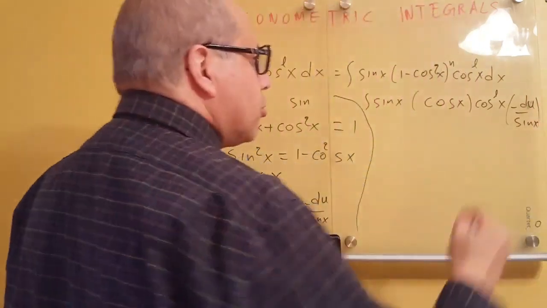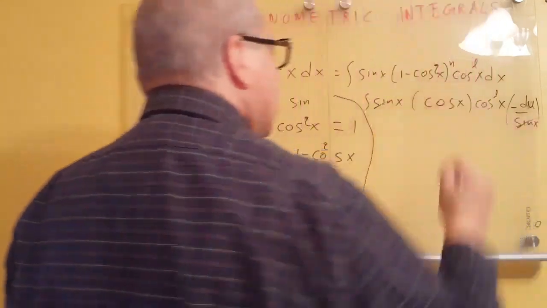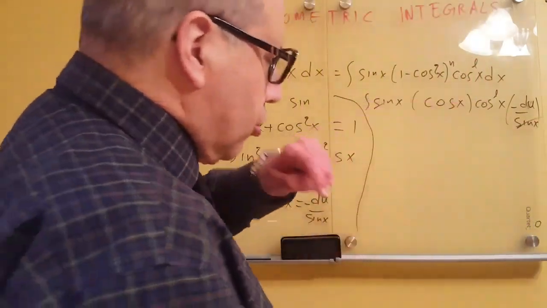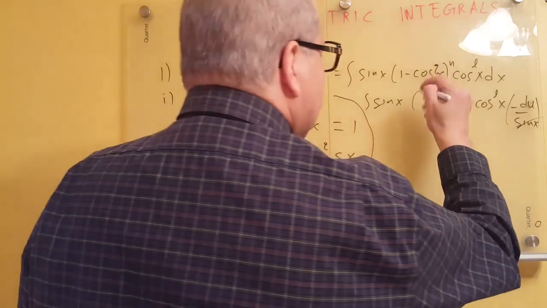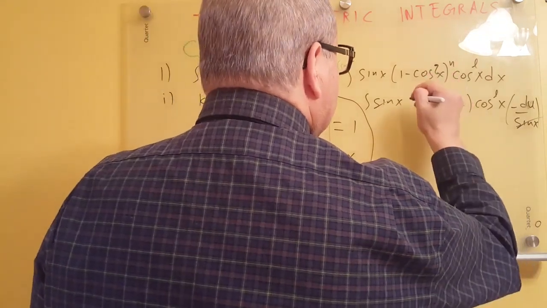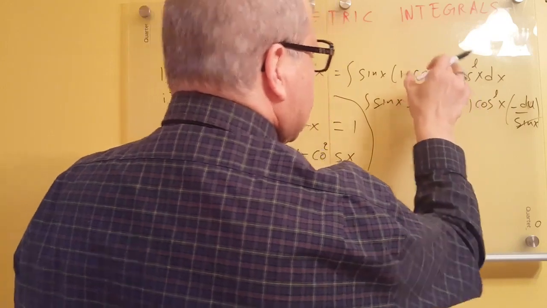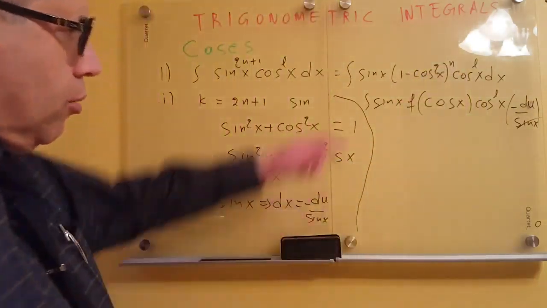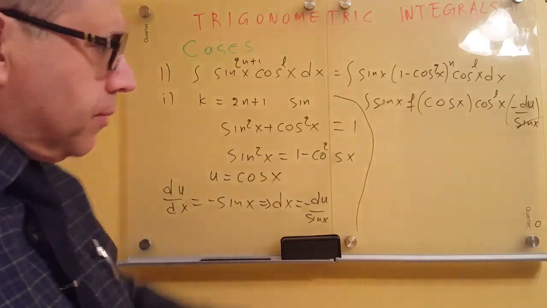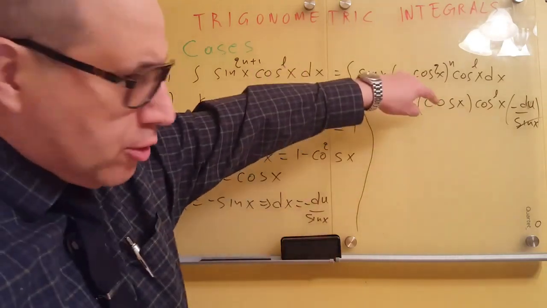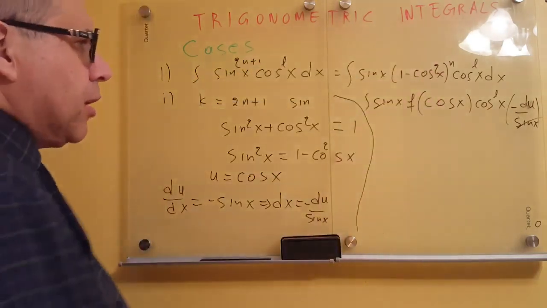Now you see that the sine x cancels, and then what do you have? When you expand 1 minus cos square x to the n, you will get some function of cos x.